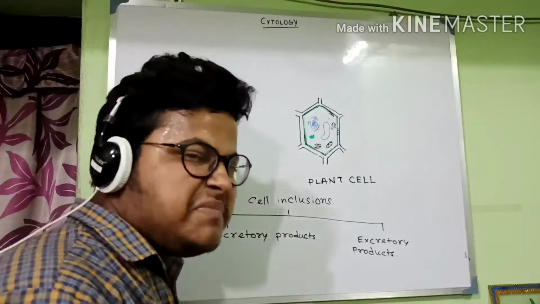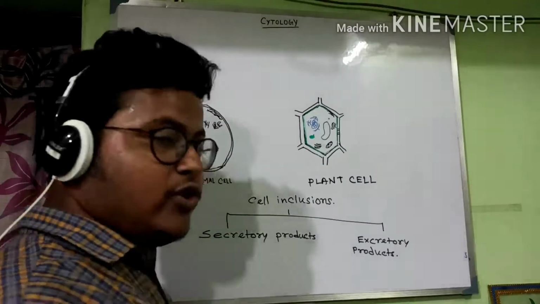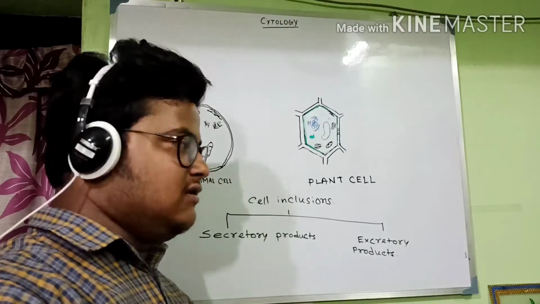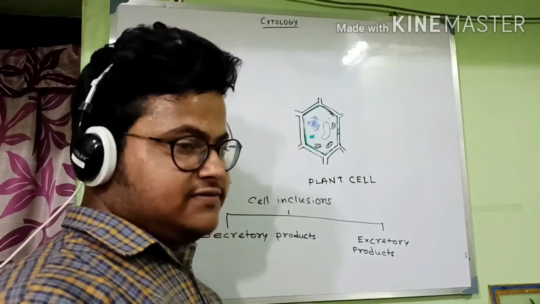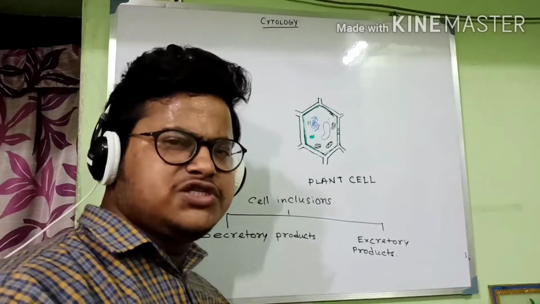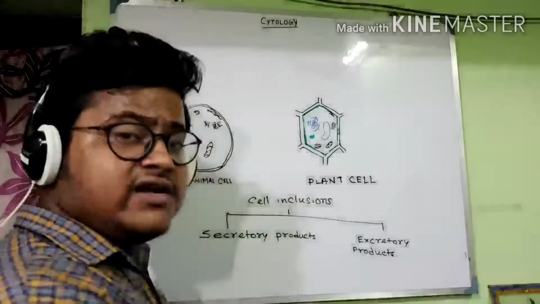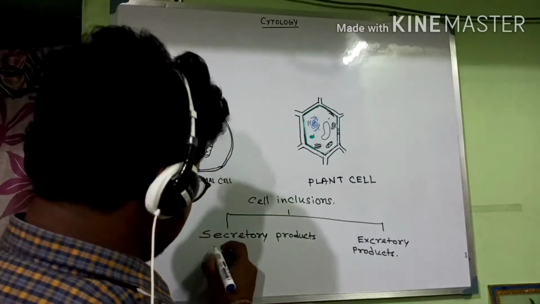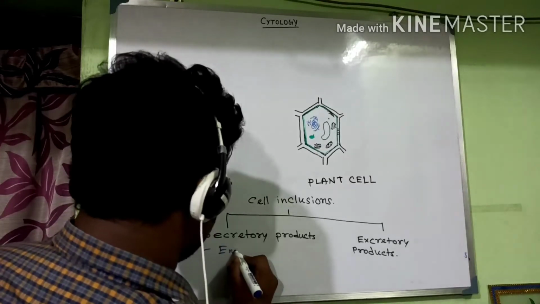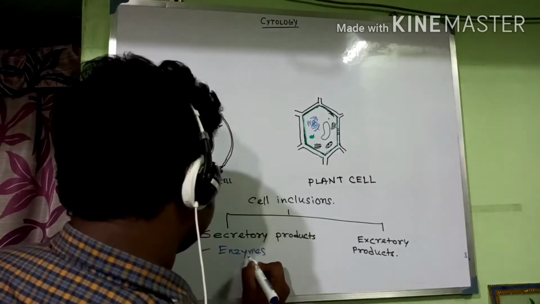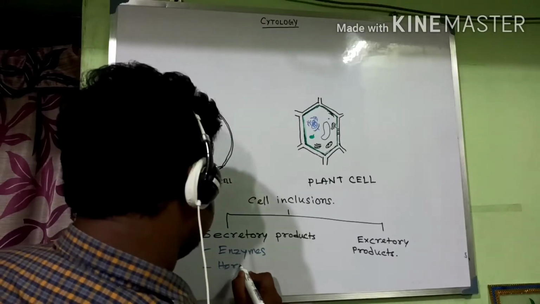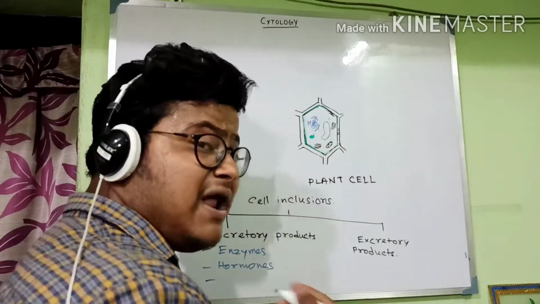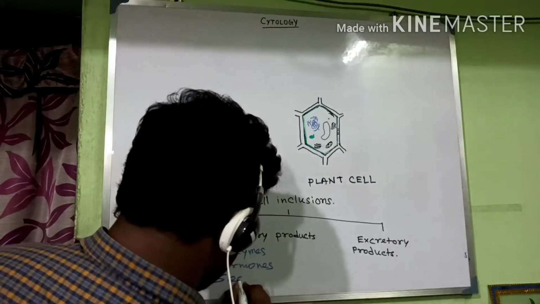The secretory products are products secreted by the cell, needed for physiological processes. Various physiological processes are controlled by the secretory products. What are the products? Enzymes, hormones, and in the case of plants, secondary metabolites.